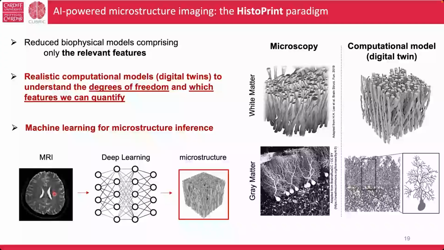Following this philosophy, I'll show you examples of how we are able to do this mapping at the moment, and some applications in white matter, demyelination, and cancer.